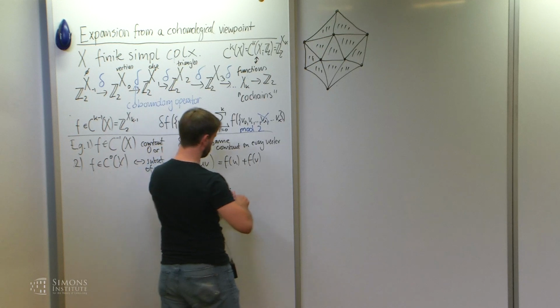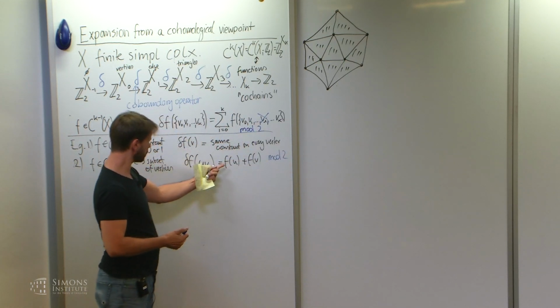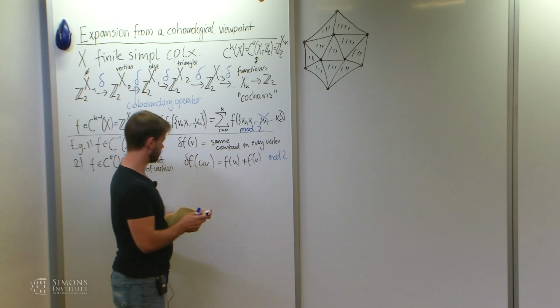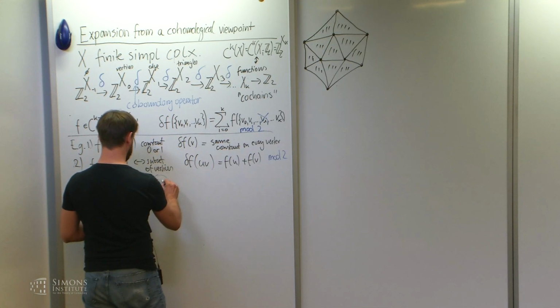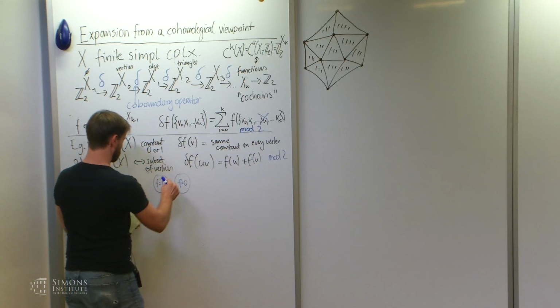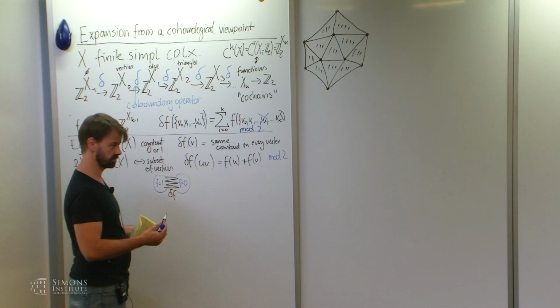Again, mod 2. So this is 0 if the two values are the same and 1 otherwise. So in other words, if this is f equal to 1, and this is f equal to 0, then this is delta f. It's just a cut defined by this function.